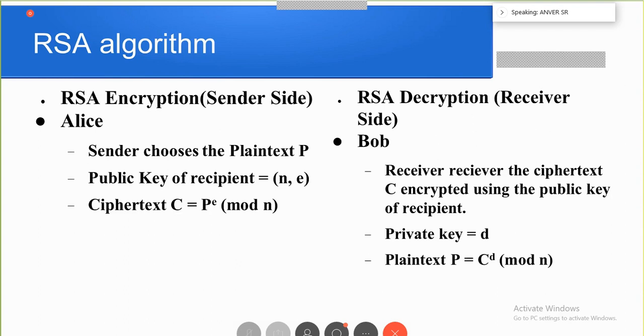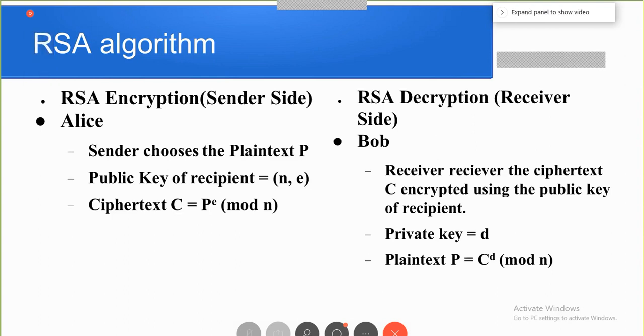So the ciphertext is received at the receiver side. Bob receives the ciphertext C, which was encrypted using the public key of Bob.